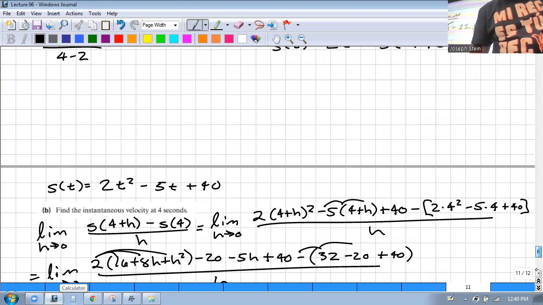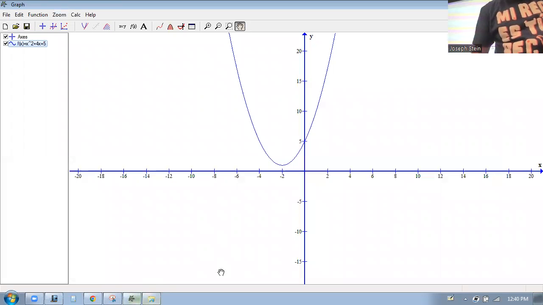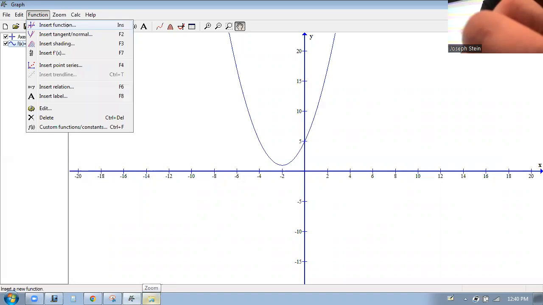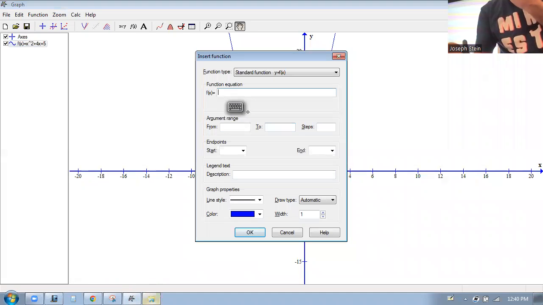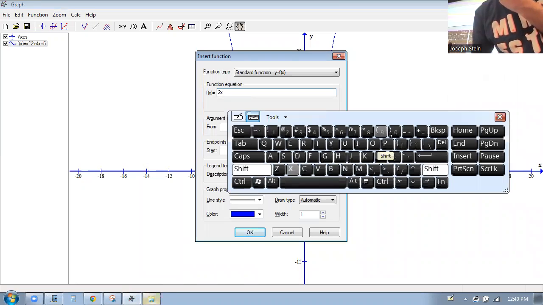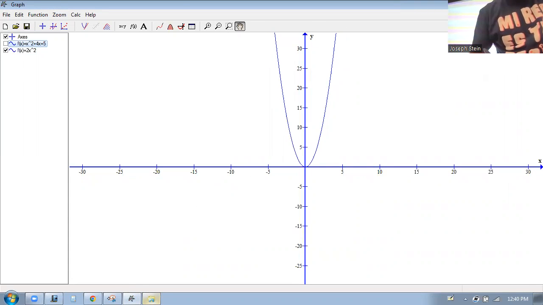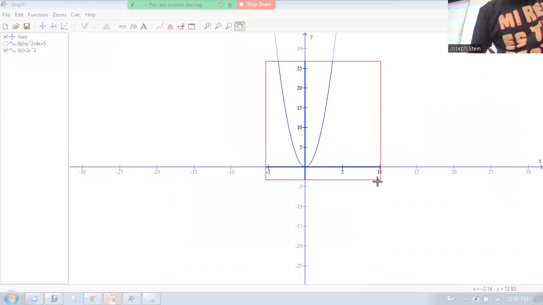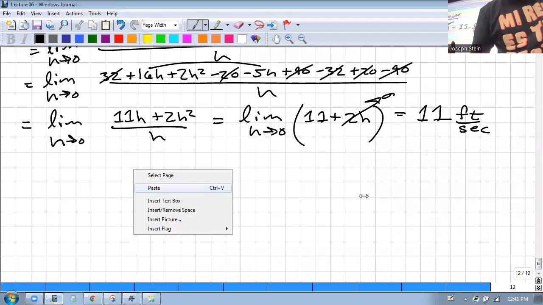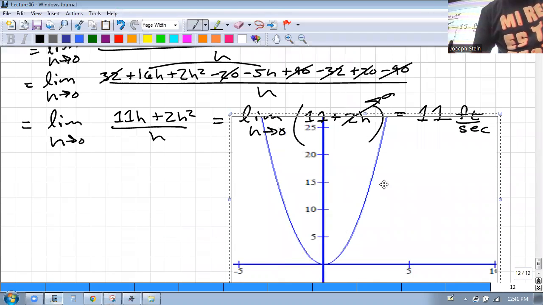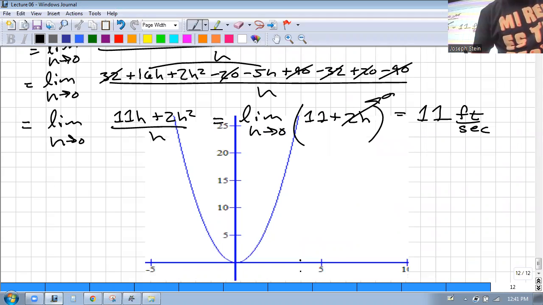At 4 seconds. So if we look at this graph, here's kind of a graph of 2t squared. So we're looking at 4 seconds. 4 is somewhere around here.